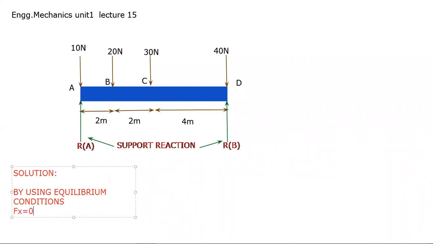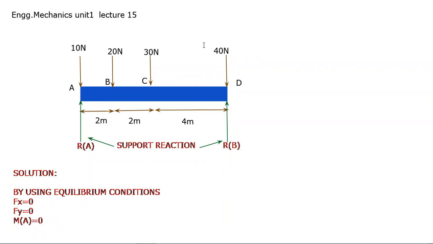Now, what are these conditions? Summation of Fx is equal to 0. Summation of Fy is equal to 0. And summation of moment at any point is equal to 0. So these are the three conditions we normally use for equilibrium.